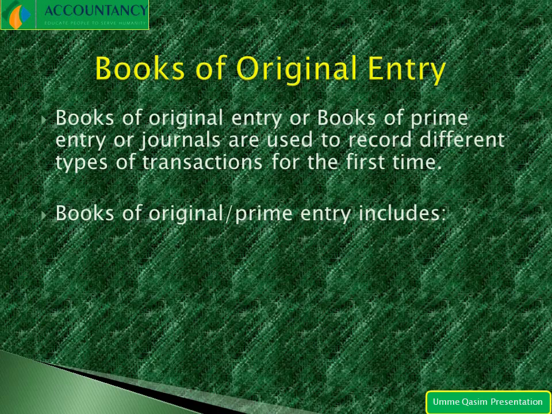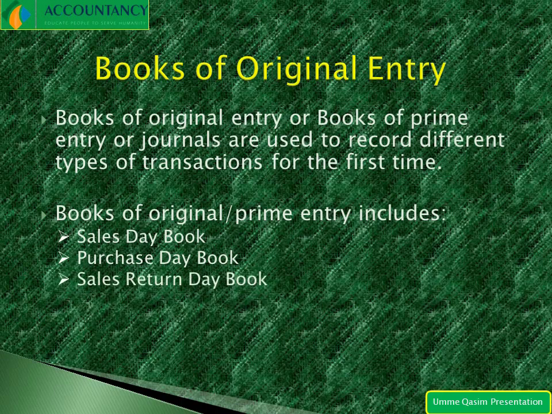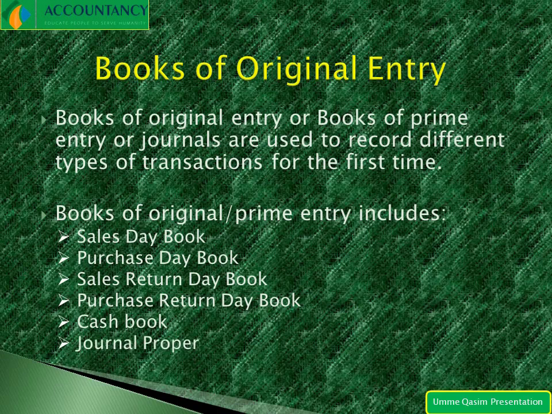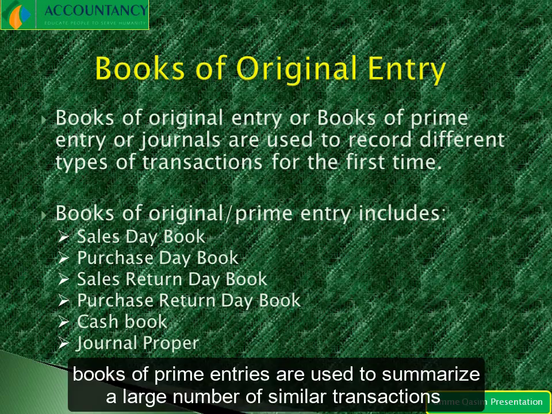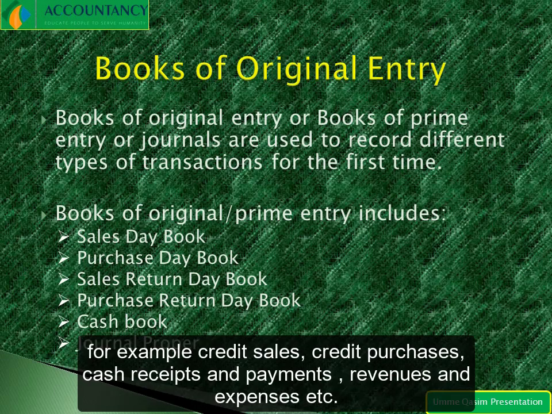Books of original or prime entry includes sales day book, purchase day book, sales return day book, purchase return day book, cash book, journal proper. Books of prime entries are used to summarize a large number of similar transactions, for example, credit sales, credit purchases, cash receipts and payments, revenues and expenses, etc.